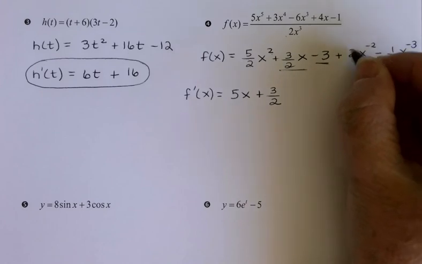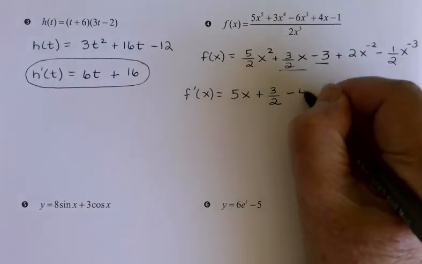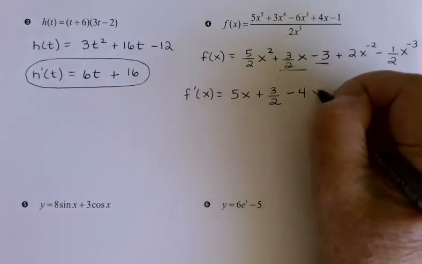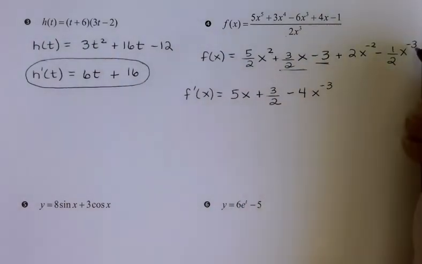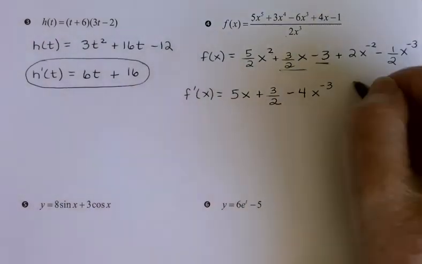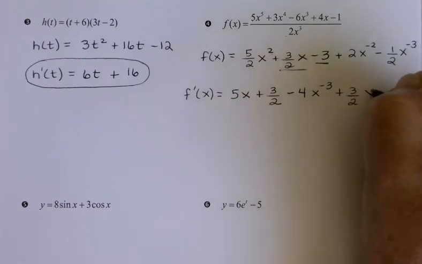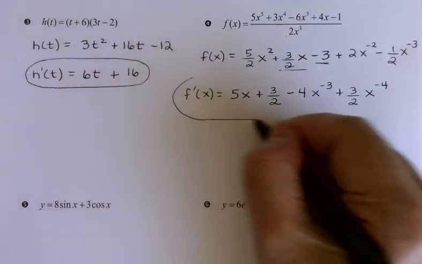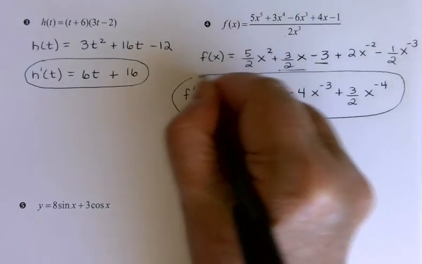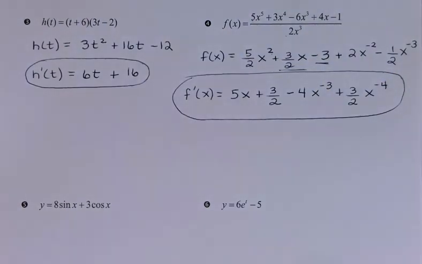Over here I would get negative 4, x to the negative third when I reduce my power by 1. And then negative 3 times negative 1/2, positive 3/2. And reduce that exponent by 1, negative 4. And again, I'm perfectly okay just leaving everything with the negative exponents. That's a perfectly good answer.